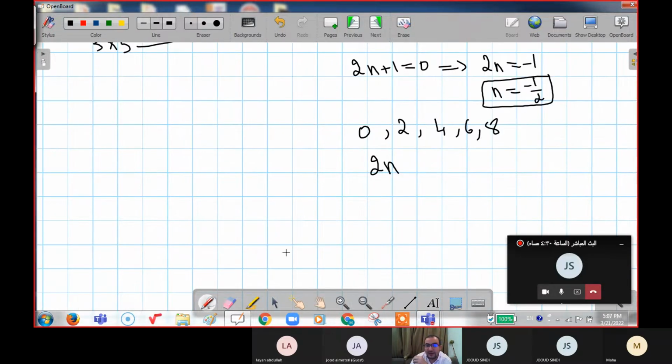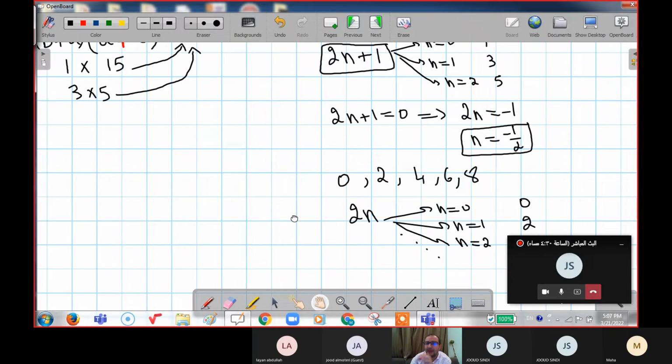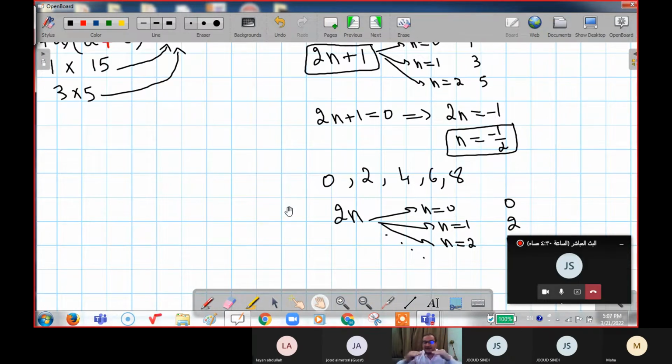If you take n equal to 0, 1, 2, etc., you have 2 times 0 is 0, 2 times 1 is 2, 2 times 2 is 4. So 0 definitely is not an odd number, it is an even number.